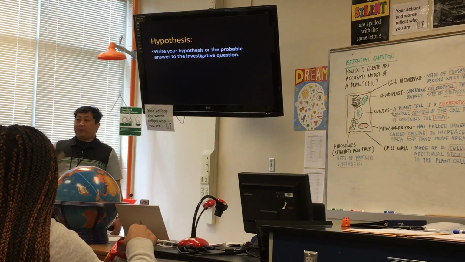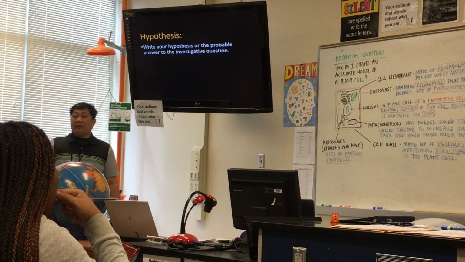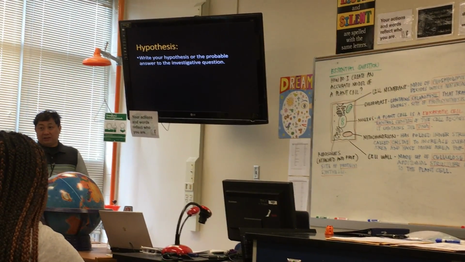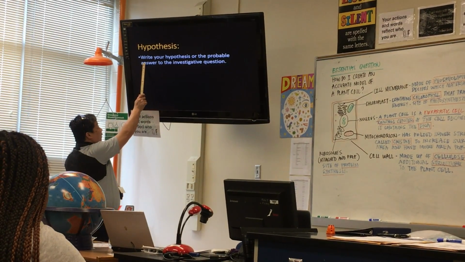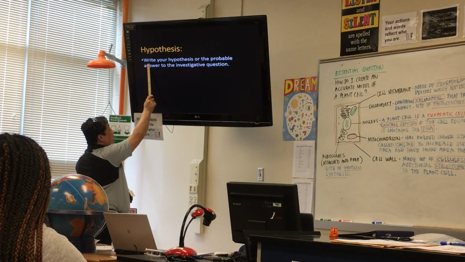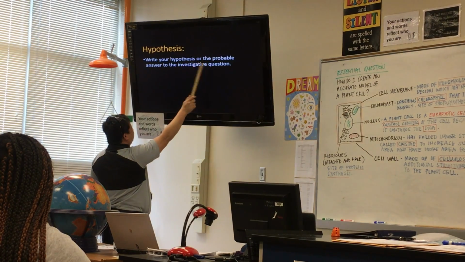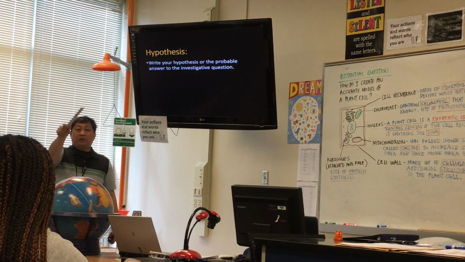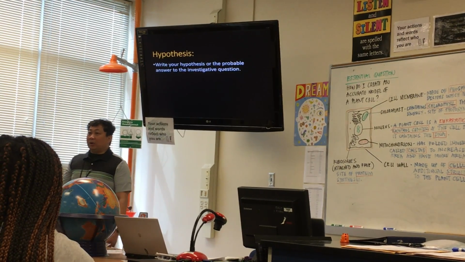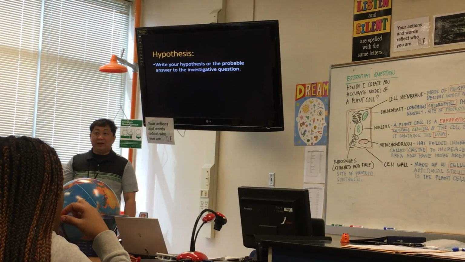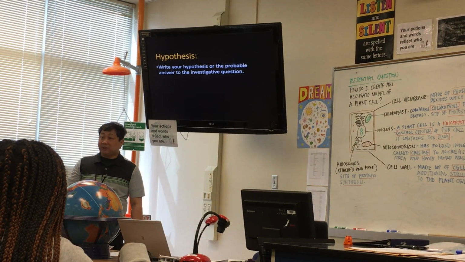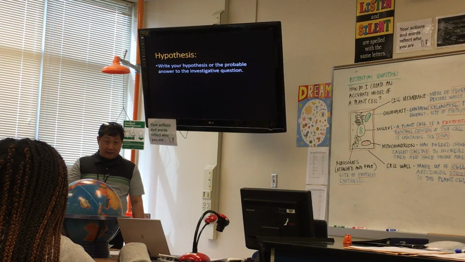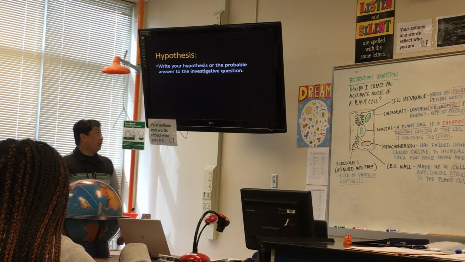Before you do the experiment, you will be writing down your hypothesis. So, on your paper, you write down your hypothesis or the probable answer to the investigative question. When I move to that work area, I will be showing you the different types of samples or substrates or food.